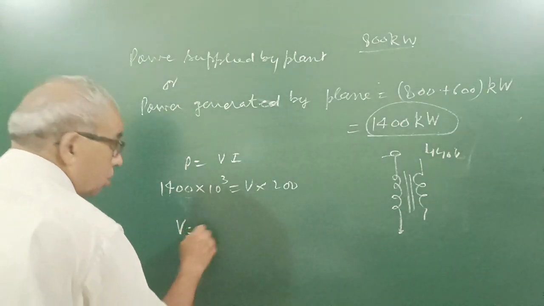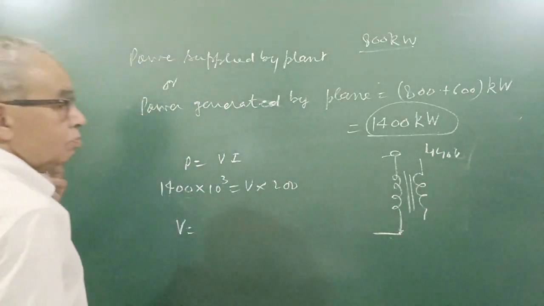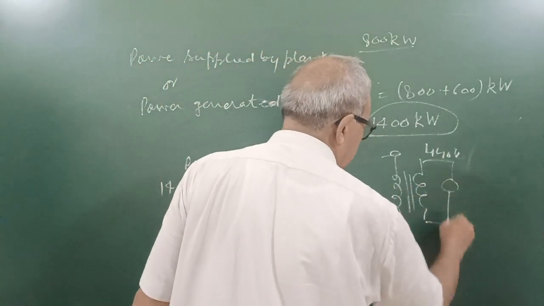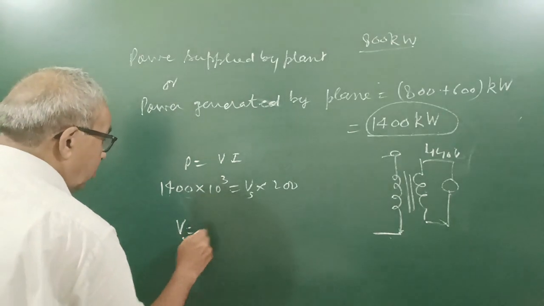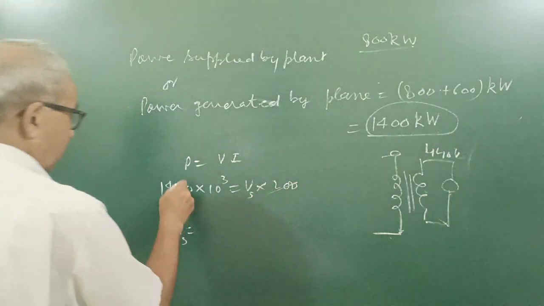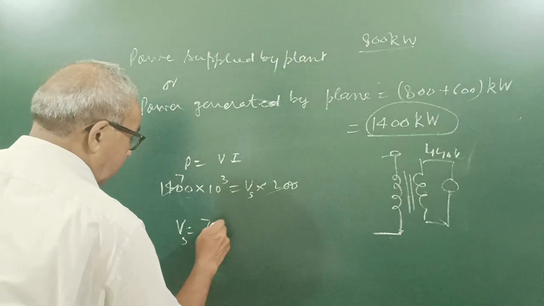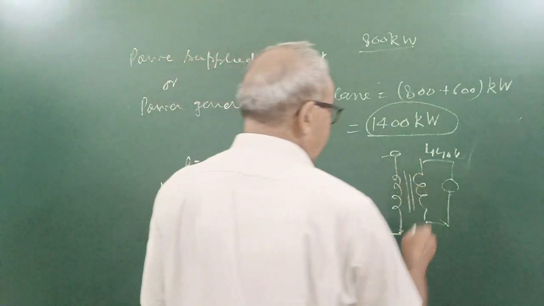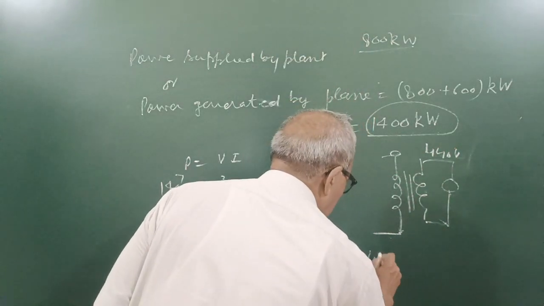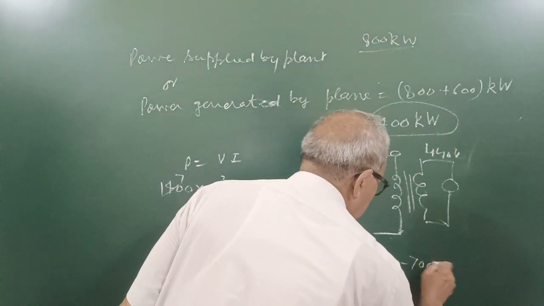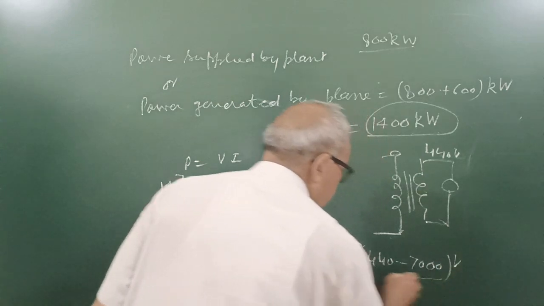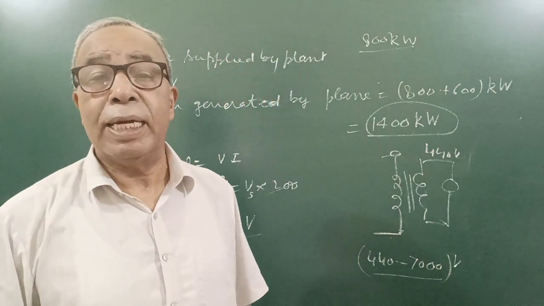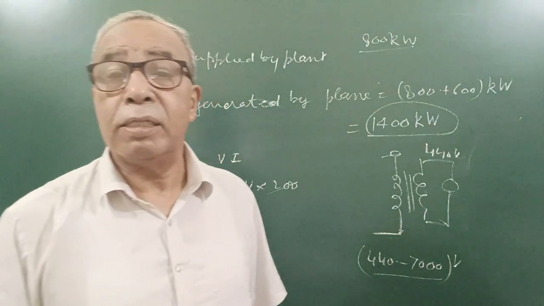So V here, this voltage. Secondary coil होगा ये, primary here generation. So Vs here will be 7000 volt. So this step up transformer is 440 volt to 7000 volt. Actually this is a custom, first primary and then secondary coil. So we can do this thing like this here.